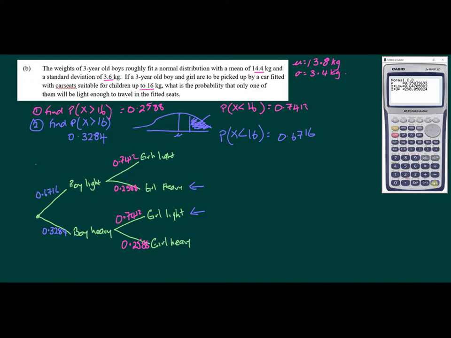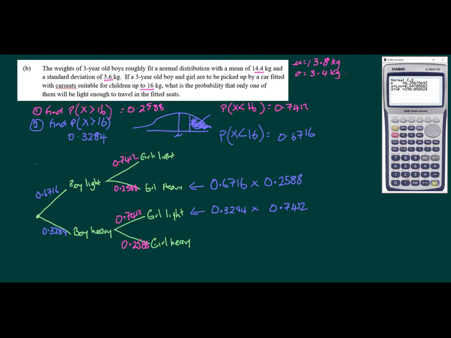For the first one, that would be 0.6716 times 0.2588. On the second one, it's 0.3284 times 0.7412.